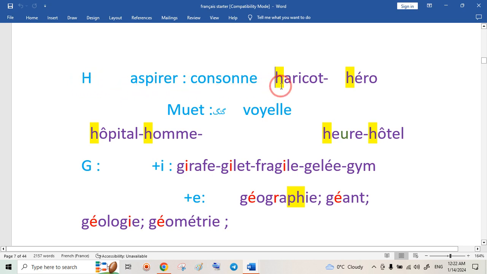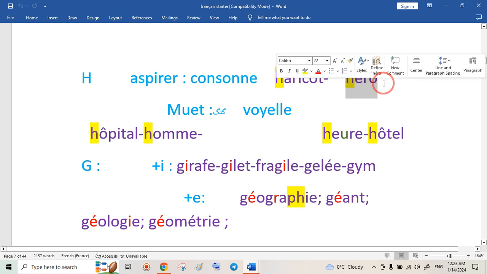Whenever you have H, guys, it can be aspiré or muet. Whenever it is aspiré, liaison is not allowed. It means that you don't have any right to do the liaison when your H is aspiré. For example, haricot means bean.